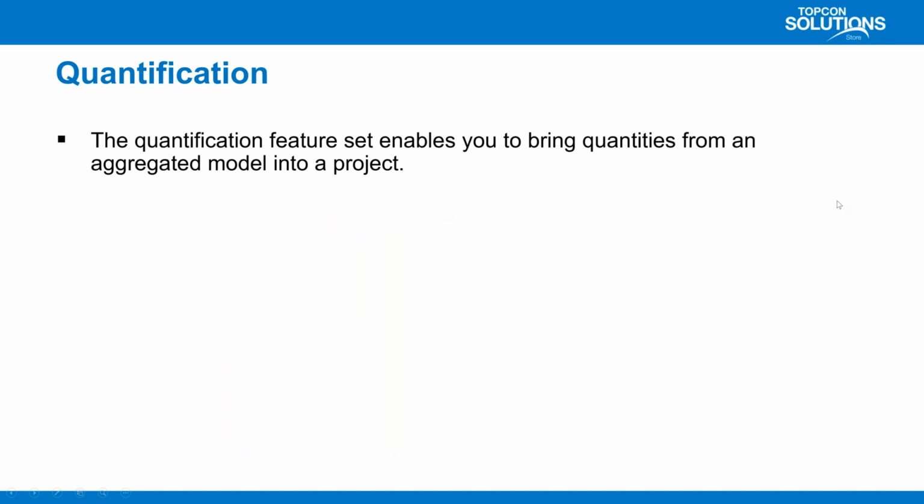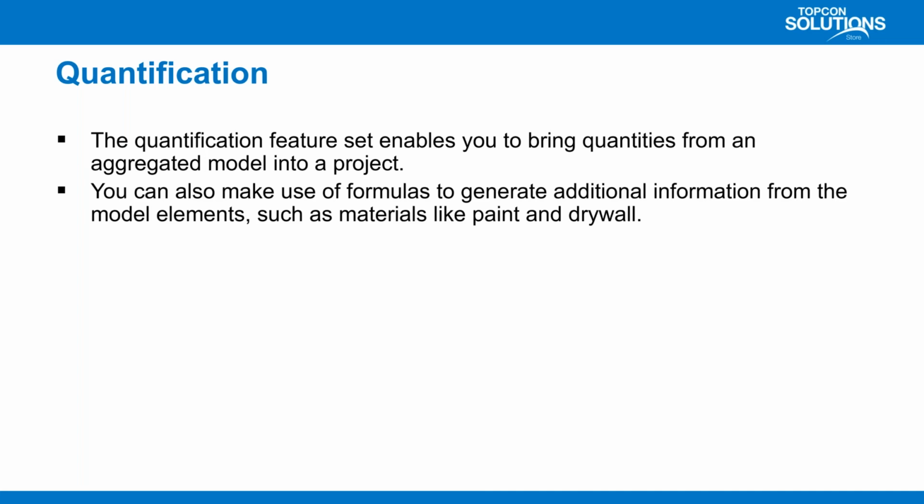Then it's going to give us quantification. The quantification feature set enables us to bring quantities from an aggregated model into a project. You can also make use of formulas to generate additional information from the model elements, such as materials like paint and drywall. Your quantities can be generated in several ways.